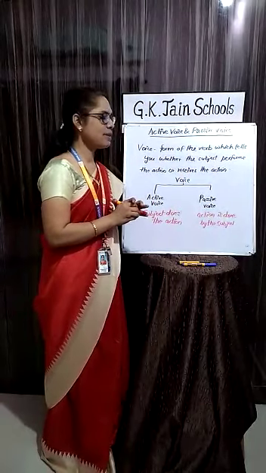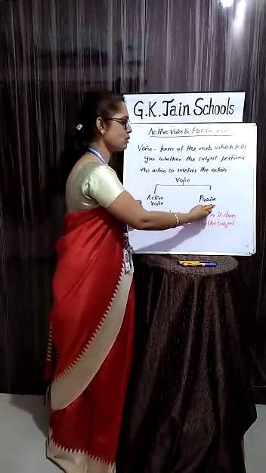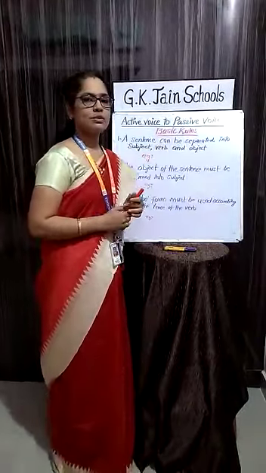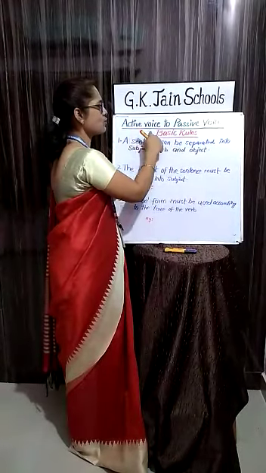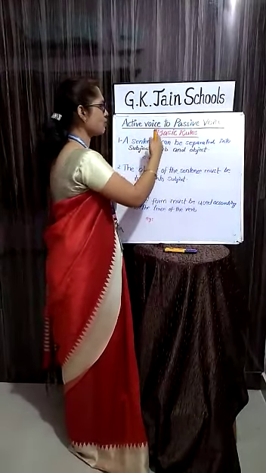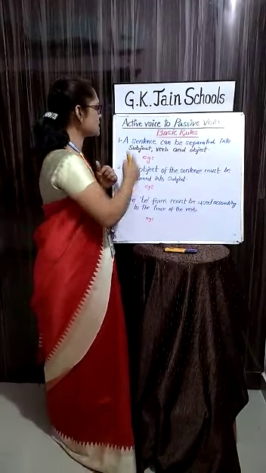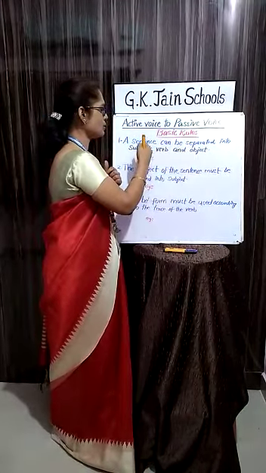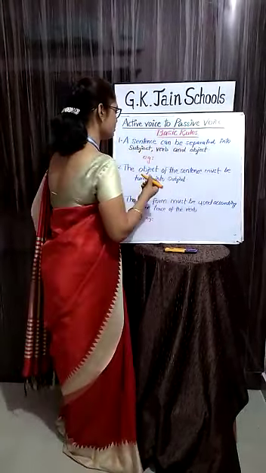Next we are going to see the basic rules for the conversion of a sentence from active voice to passive voice. The first rule, a sentence can be separated into subject, verb and object. I'll give you an example here.